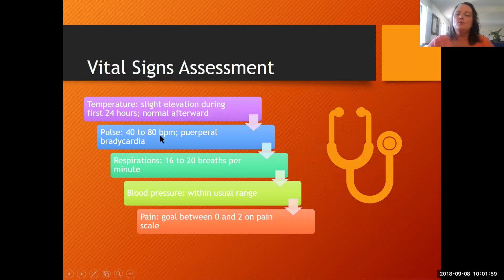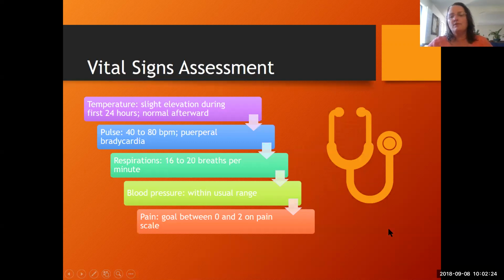And then we're watching the pulse very closely because it's one of the signs we have of postpartum hemorrhage. We do see a little bit of bradycardia right after delivery. And if the pulse starts climbing over 100, 110, we're starting to think that maybe there's some excessive blood loss. And then those respirations should go back down to normal, and the blood pressure should be within normal range.